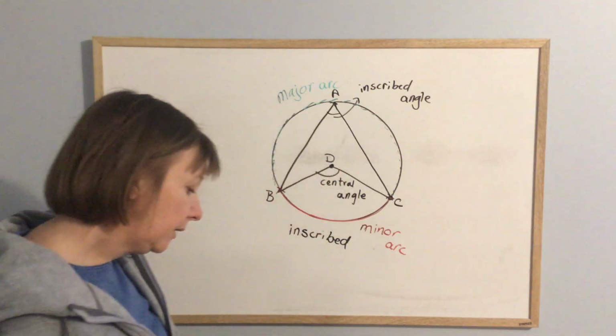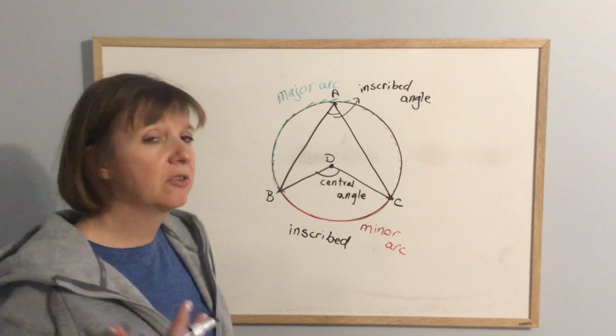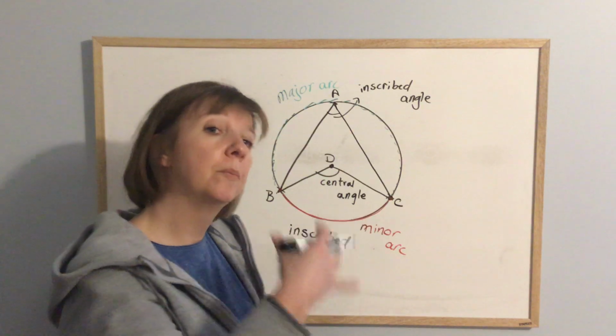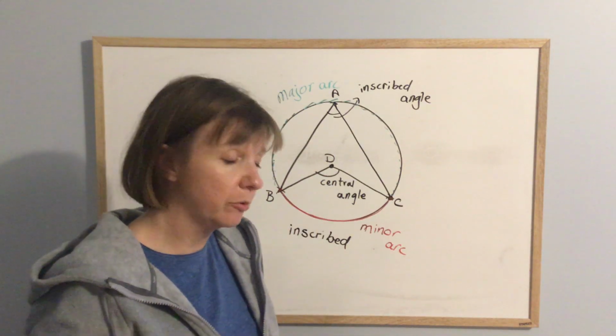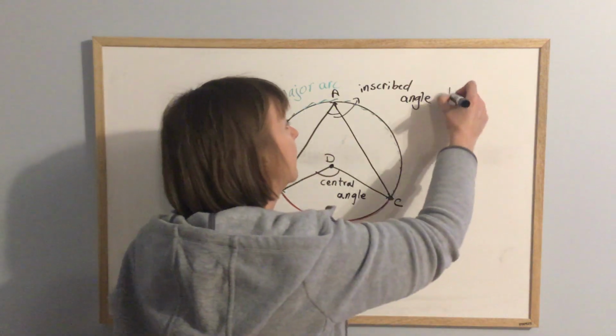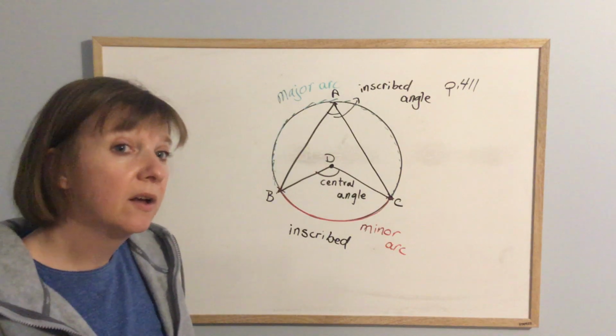Now, there are some theorems when it comes to this. And again, I'm never going to ask you to write out the theorems, but you do need to know them in order to apply them. And you'll see what I mean when we do a couple of examples. So, the theorems are on page 411.